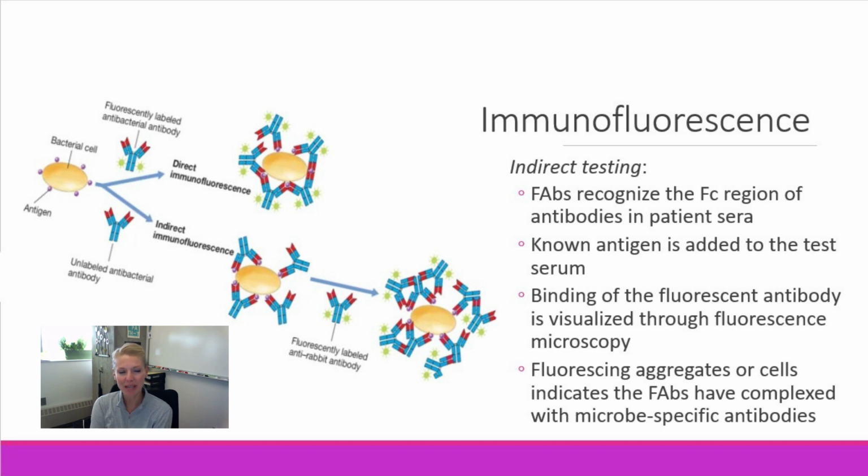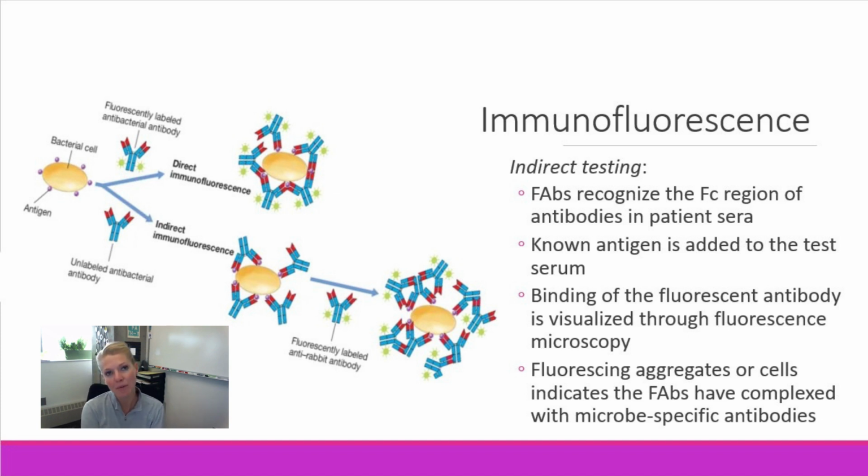You can see from the picture here, the top pathway is direct fluorescence, where we have the fluorescently tagged antibodies attached directly to the pathogen or to the antigen. With indirect, we have an extra step, where we either add antibody that would recognize the pathogen that doesn't have fluorescence, or there's already antibody attached to a pathogen that is of natural origin, so there's no fluorescence.